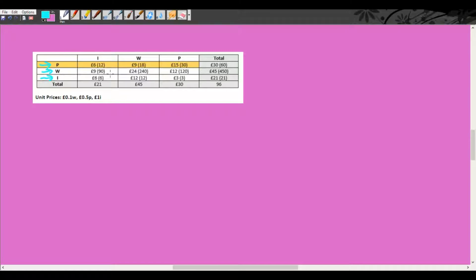Okay. So firstly, this is Sraffa's original example. He had 12 pigs going to the iron industry, 18 to the wheat industry, and 30 to the pig industry. Obviously, that's kind of a random distribution, and these 60 pigs could also be distributed in any number of other ways.